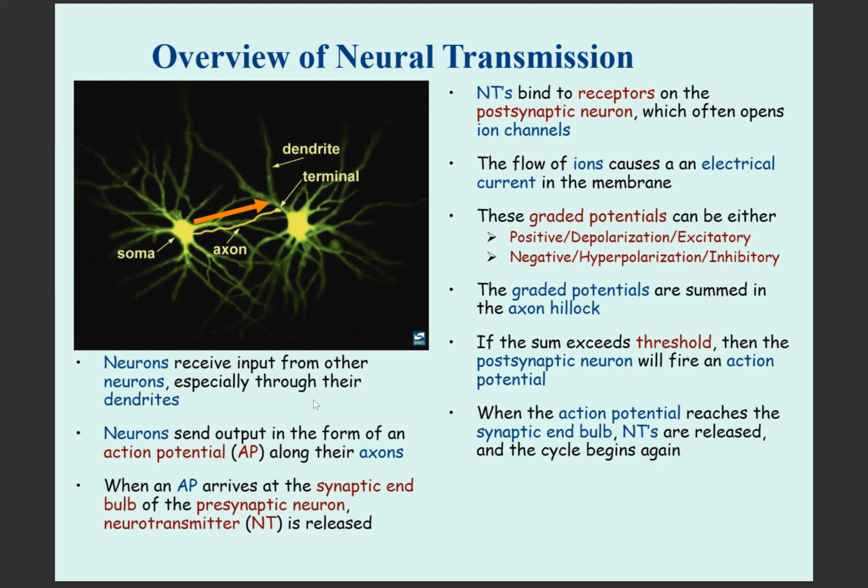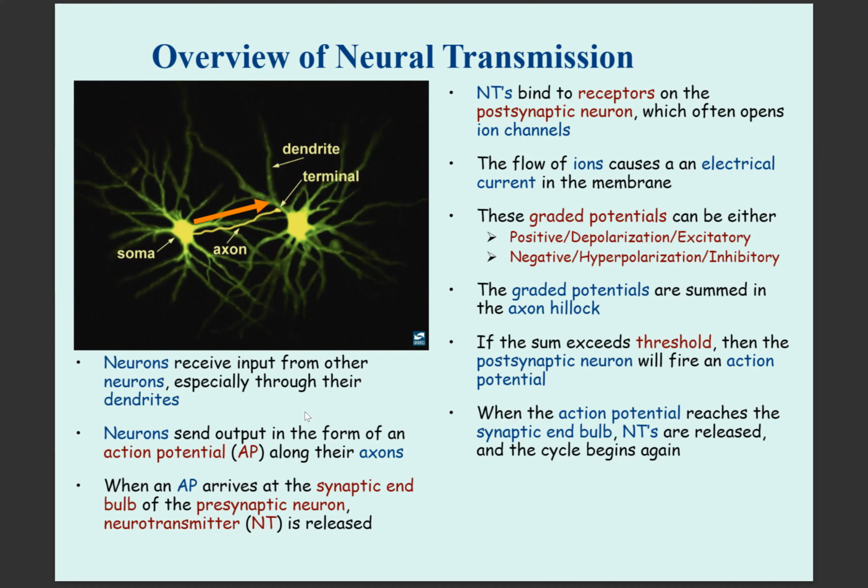these two neurons. So neurons will always send their output in the form of an action potential. So what is an action potential? We discussed this when we were looking at muscle physiology.